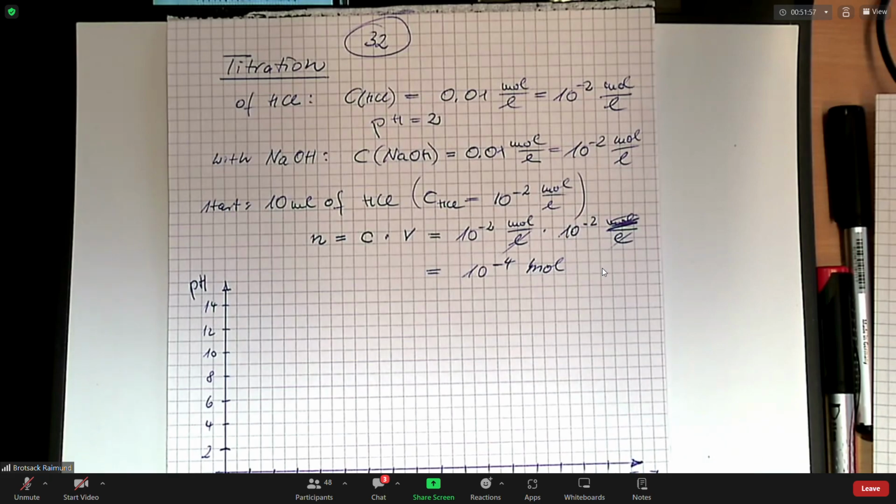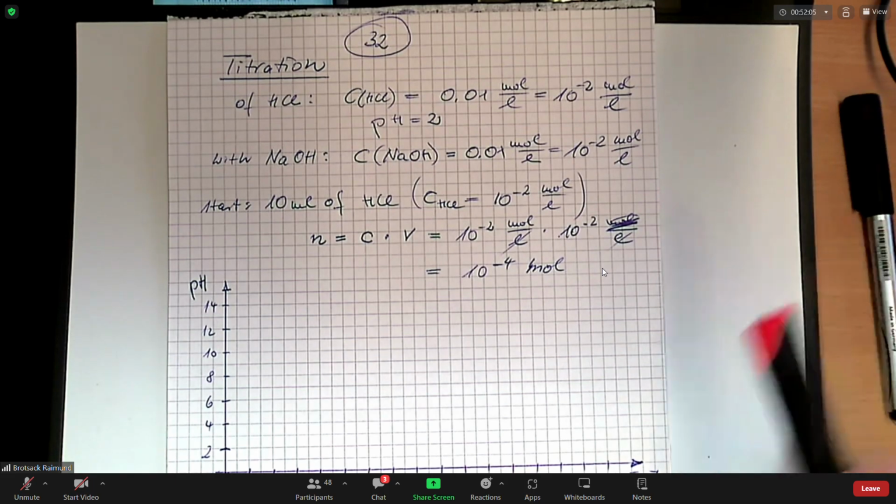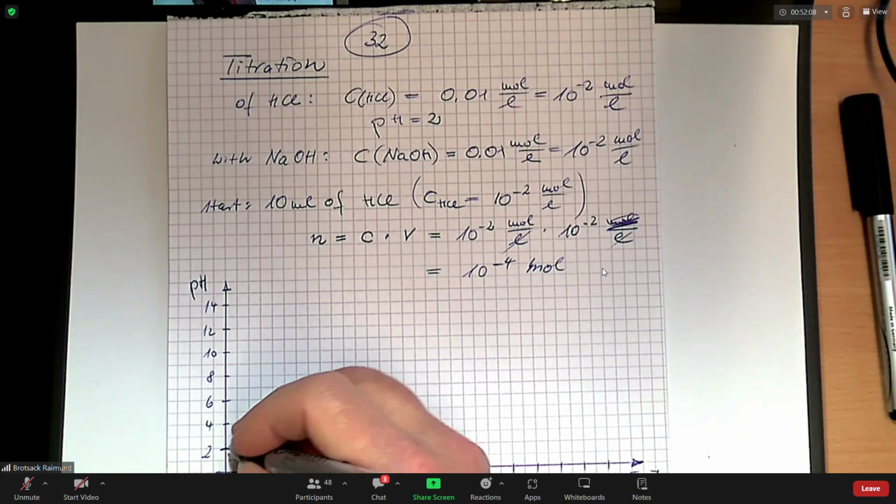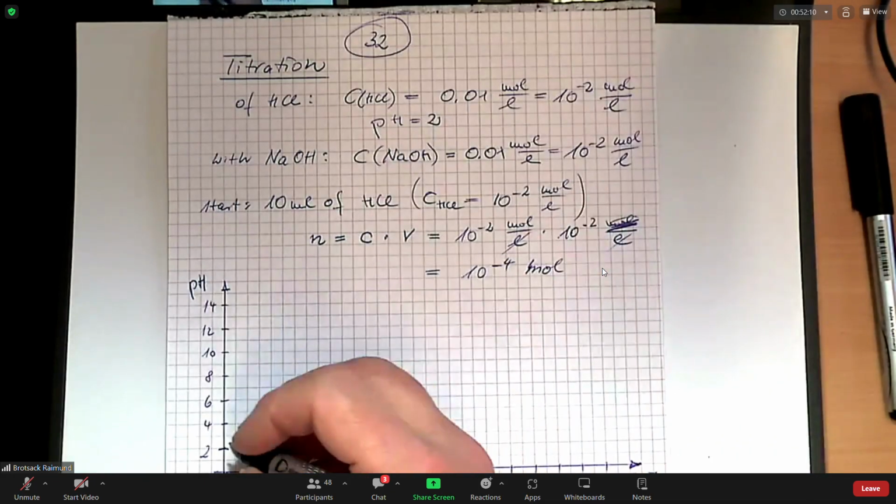So we add milliliter per milliliter of the NaOH. As already mentioned at the beginning, we start at pH 2.